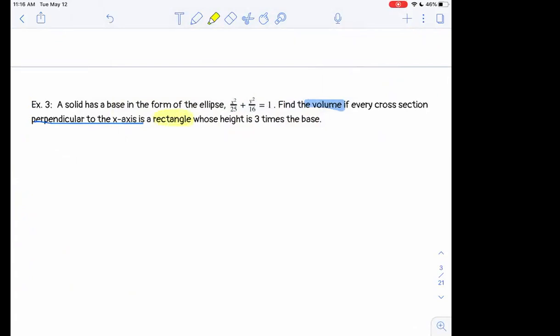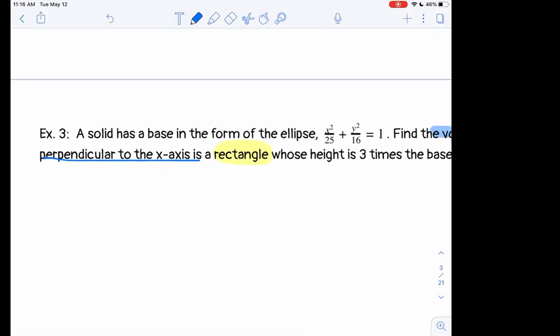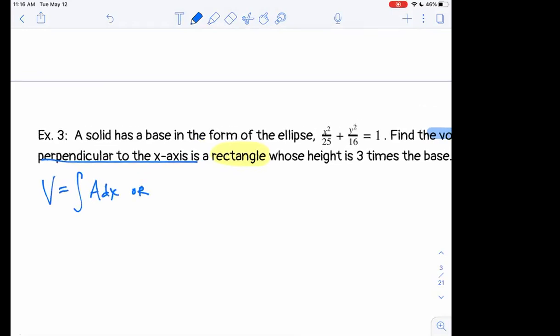So we don't have a square, we have a rectangle. Let's get started by writing down our 2 volume formulas that we're going to pick from. Volume equals the integral of area dx, or the integral of area dy.